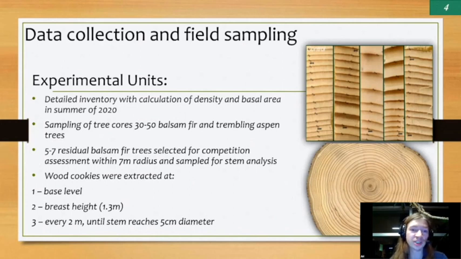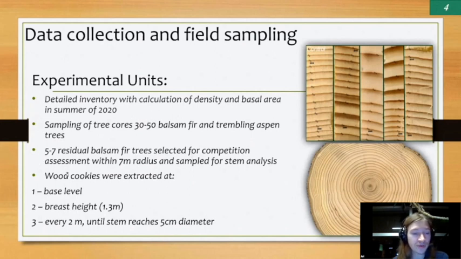So basically I measured the DBH of these trees and quantity of them as well. I have sampled around from 30 to 50 balsam poplar and trembling aspen cores from each of the experimental units, and besides, from 5 to 7 residual balsam poplar trees have been selected for competition assessment within these experimental units or in nearest proximity.